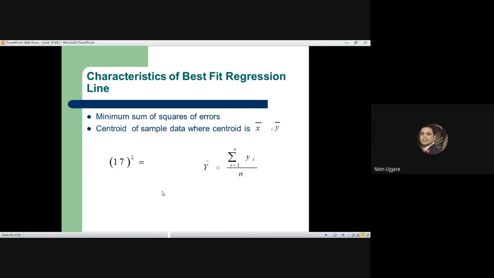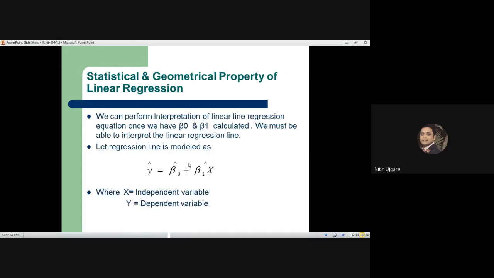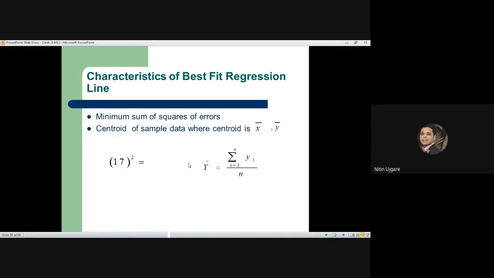Now, x bar is the centroid of the sample data, and y bar is the centroid of the output variable. x bar is the centroid of the independent variable, or the x values.